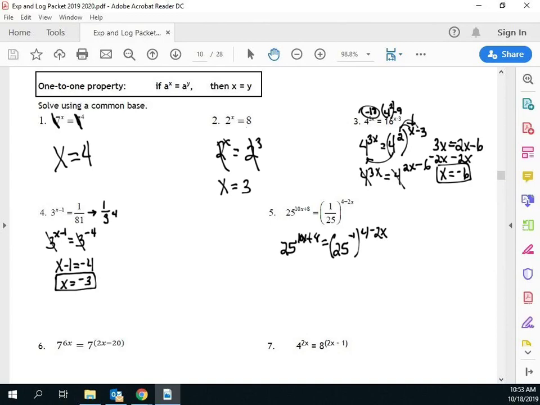So, power raised to a power. What do we do with that negative 1, guys? Good. So 25 to the x plus 8 power equals 25 raised to the negative 4 plus 2x power. What happens to the 25s? And you're left with another linear function to solve for.